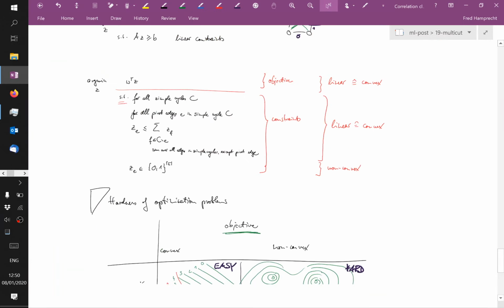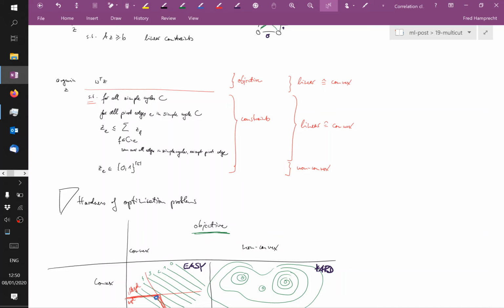In the space that I optimize over, this defines a surface. The surface here would be z_e equals the sum over z_f, f an element of C without e. But now we say z_e has to be less than that.